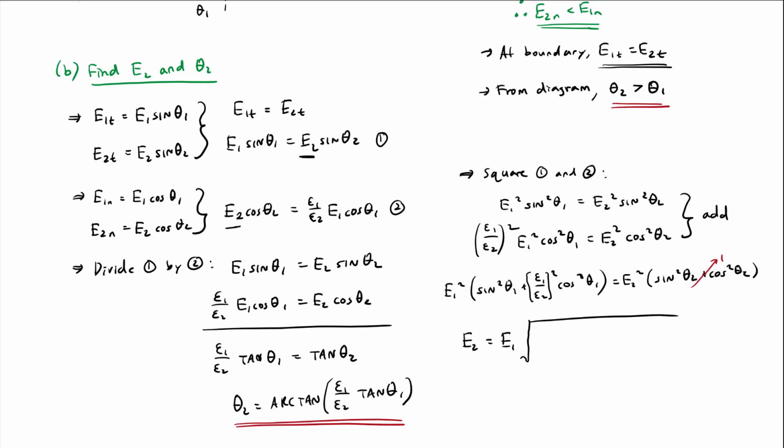And the rest is going to be sine squared theta 1 plus epsilon 1 over epsilon 2 squared cos squared theta 1. And that is your answer for your second medium's electric field.